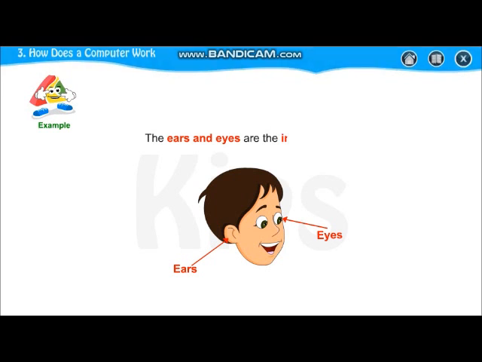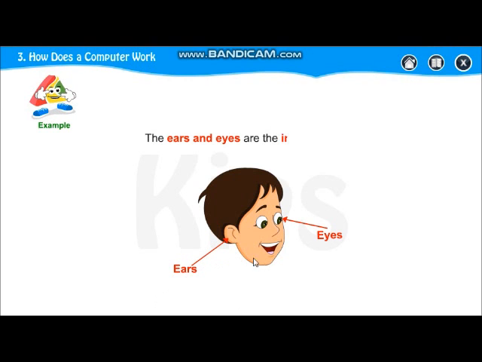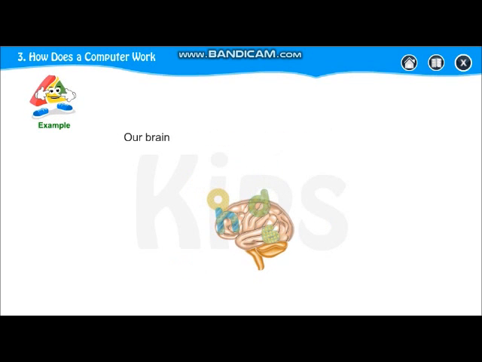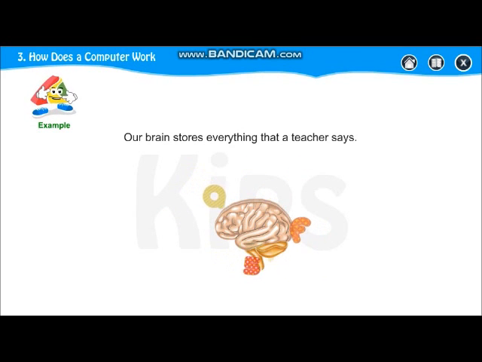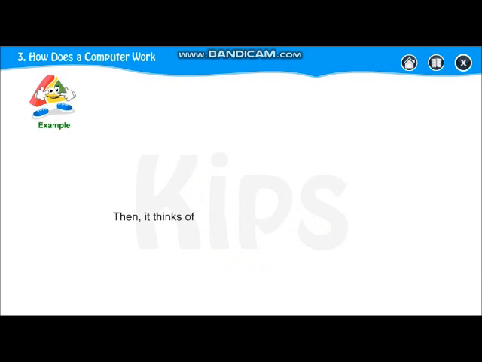So, ears and eyes. You are hearing from ears, you are seeing from eyes. So ears and eyes are input unit. Now if I asked you a question, who is working, who is processing? Your brain is processing. So brain stores everything that teacher says. Then it thinks of an answer and orders us to speak.